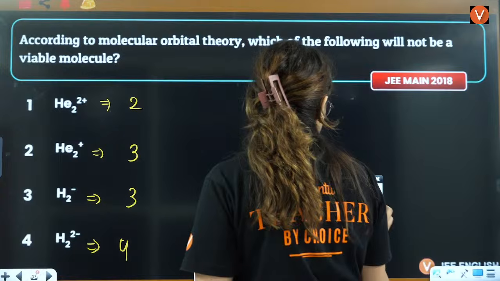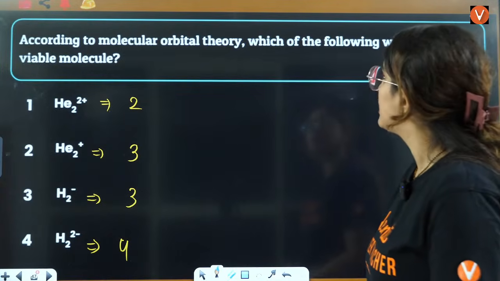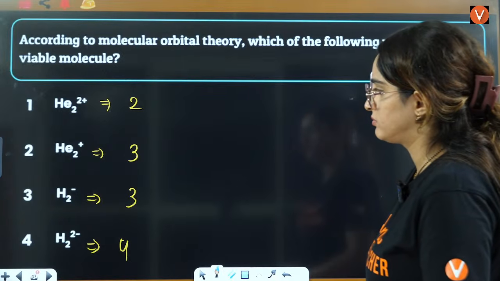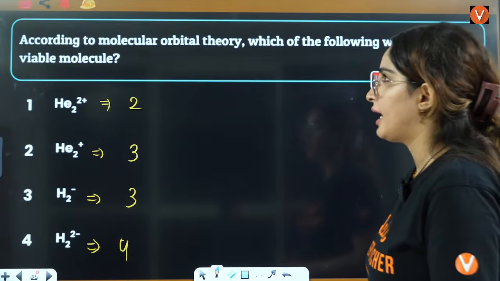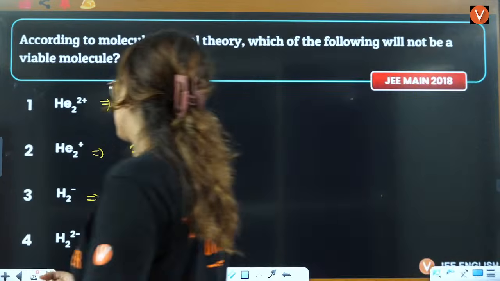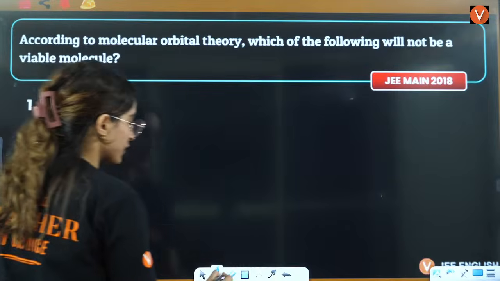Okay? Now if you see this here, which of the following will not be a viable molecule? This can exist, that can also exist. Hydrogen, helium. Helium is 2, 2 into 2, 4. Okay? So here, let's draw the diagram only, guys.